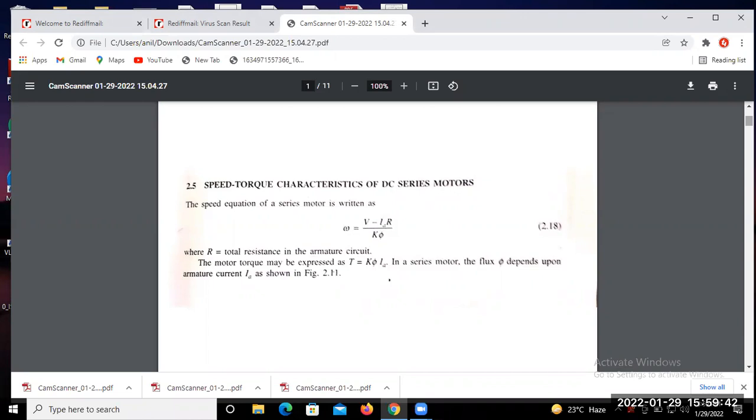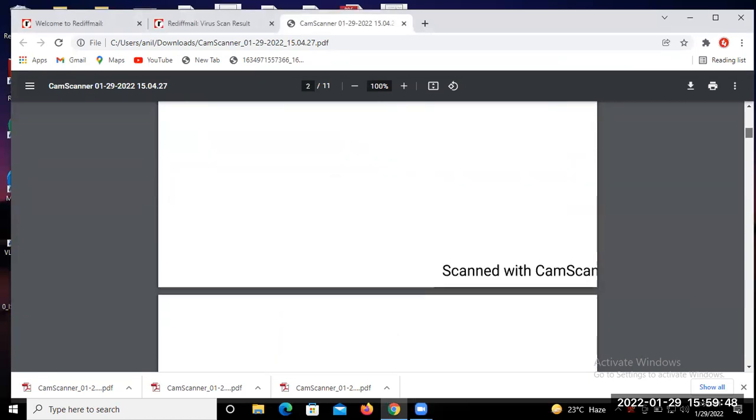That means in this form, we can draw their characteristic.